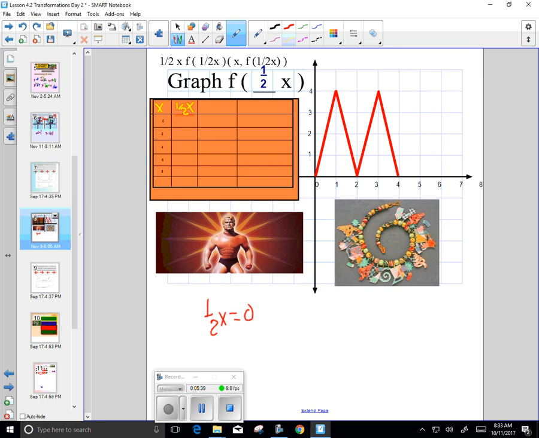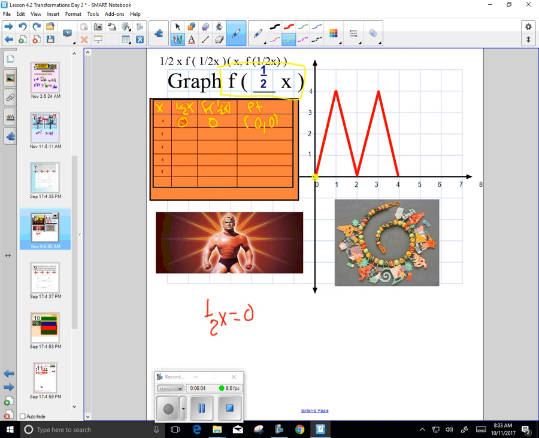That won't change. Okay, so then the next thing we're going to do is what happens to the y of 1/2 x? Does that change? Does the y change? Nope, so that'll still be 0. So the point is going to be 0, 0. So this one won't change for this one.